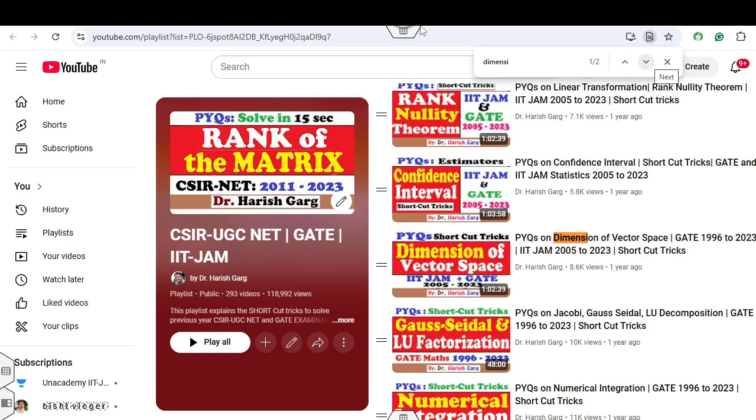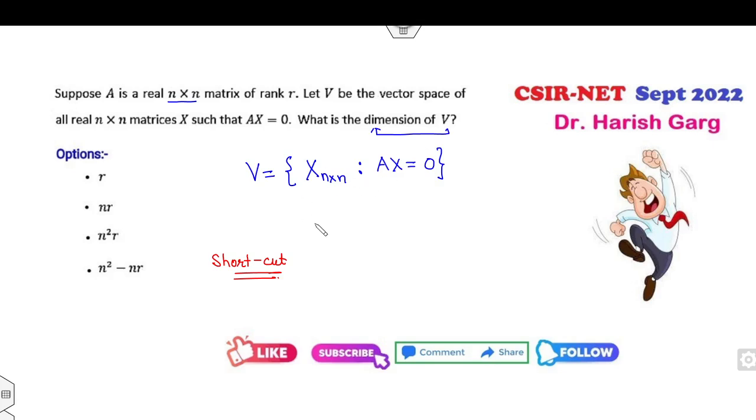This is for GATE and JAM examinations, both. Now, how can you find the dimension? The shortcut trick is the number of column vectors of X into the nullity of A. That's all. Or you can say n.